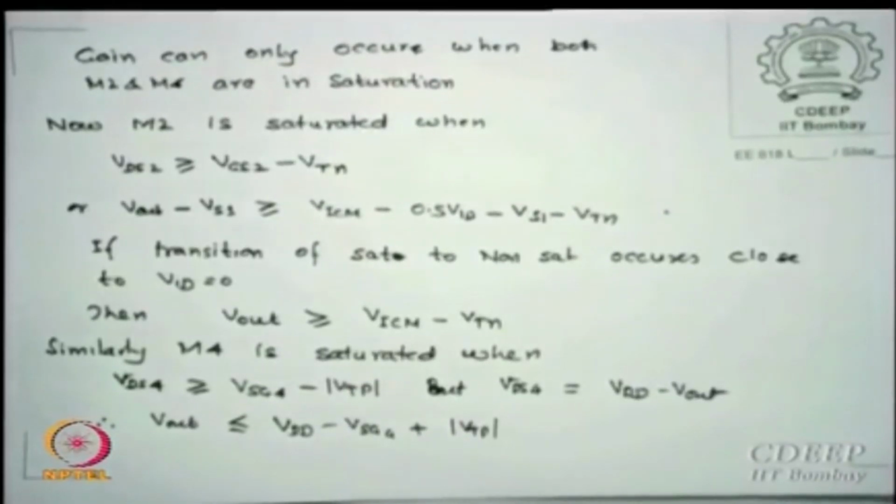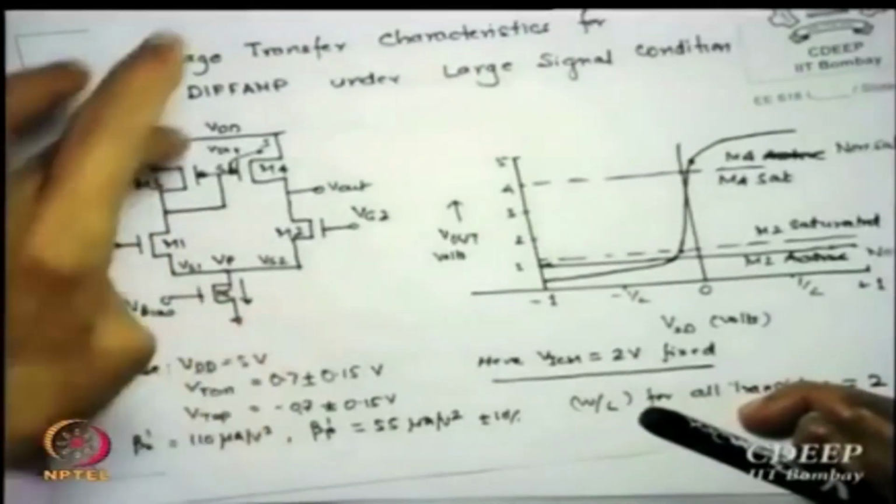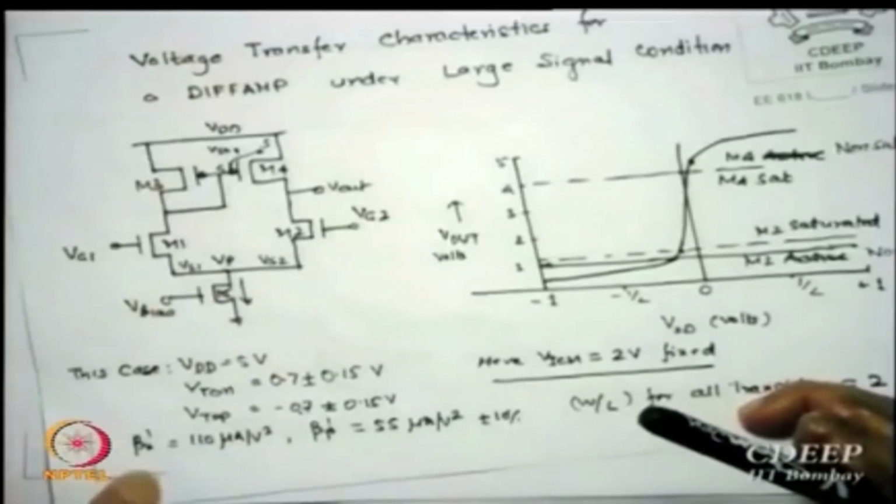First I got V out from the M2 side, the other I am now getting from the M4 side. Which one do you feel will be larger? Please remember, the input side is coming from the ground side. Look at it, this is input to ground, but this is output to the ground.